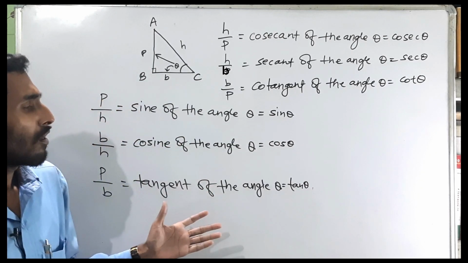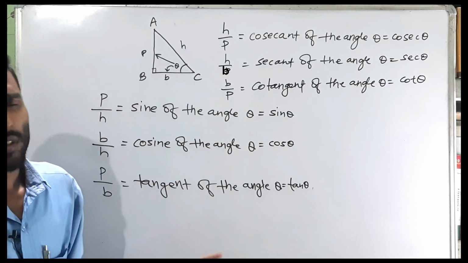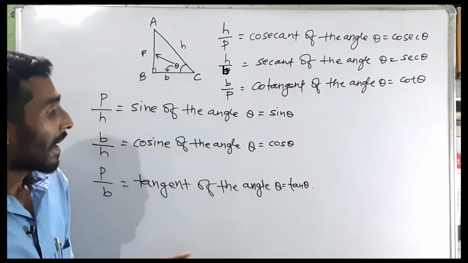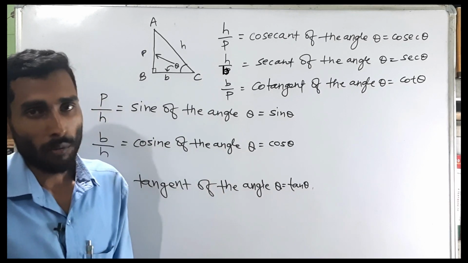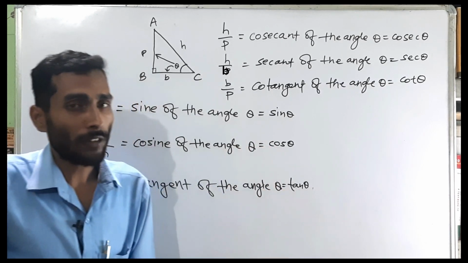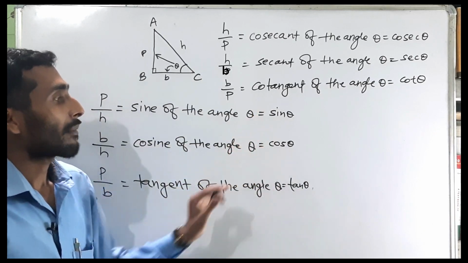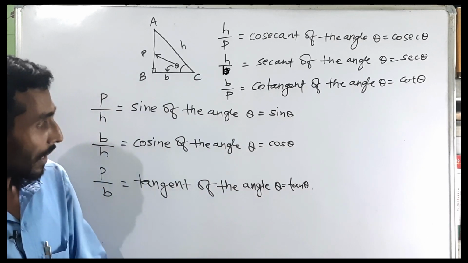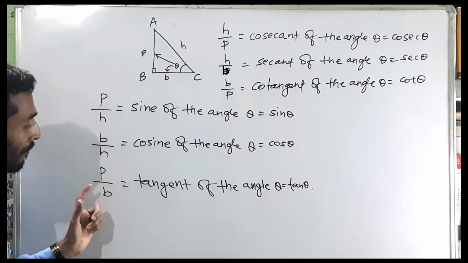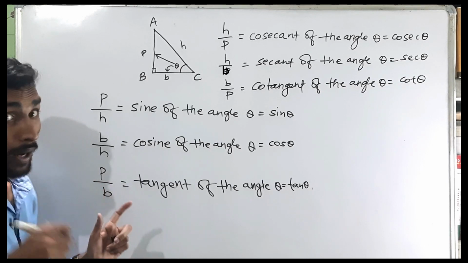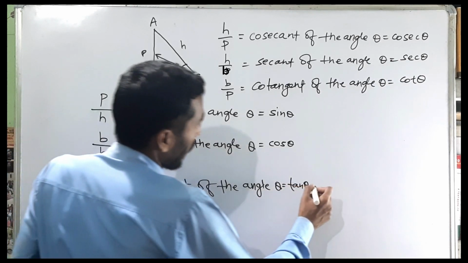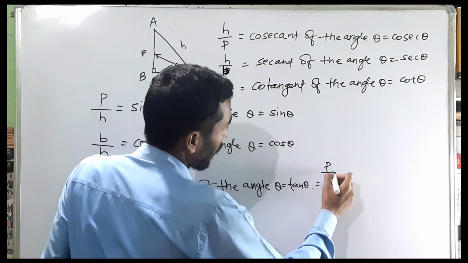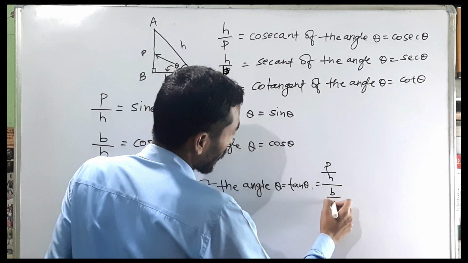Basically there are two basic trigonometric ratios, and we can include tan theta also. Why am I not including it? Because tan theta can be written in the form of sin by cos theta. So sin theta is the basic form. If we write p by b, it can be written as p by h over b by h.